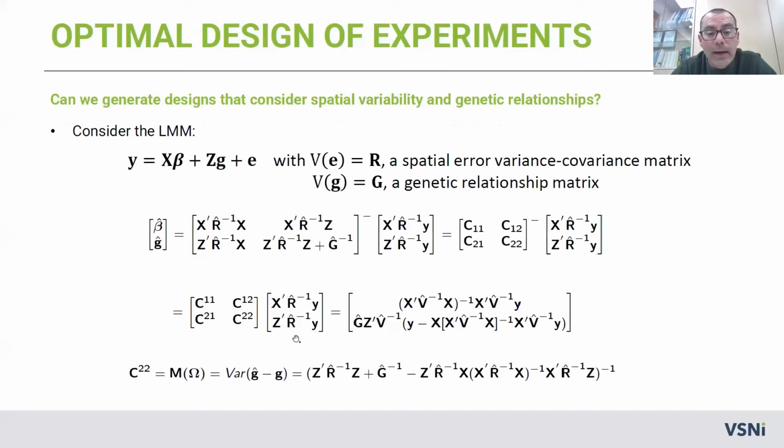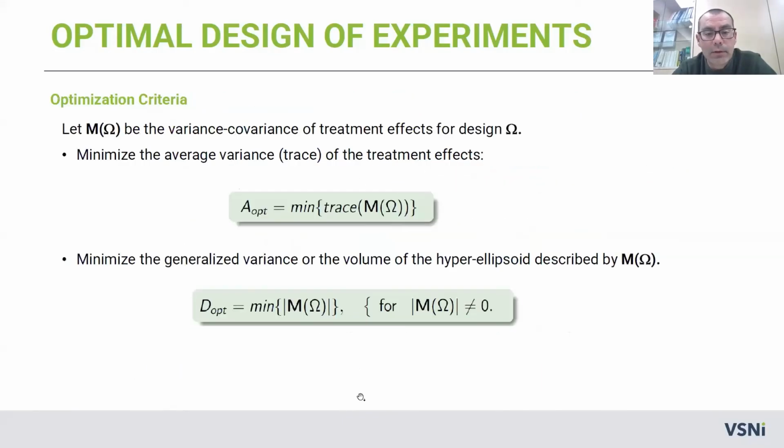I will need to provide an R matrix and a G matrix. Both of these will tell me, for example, that I have a spatial correlation of 0.3 for X, 0.4 for Y, and my heritability is 0.6. And on those conditions, you can generate your design.